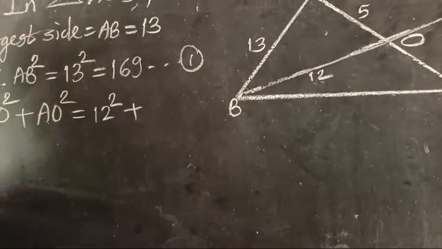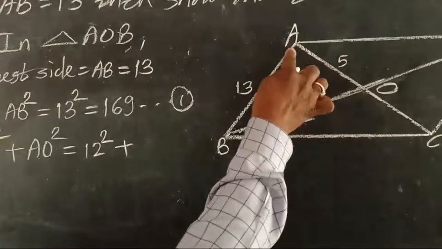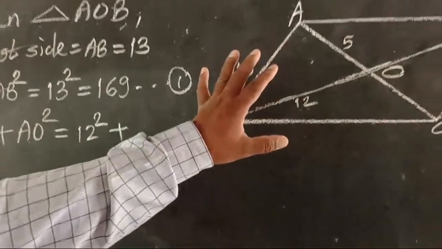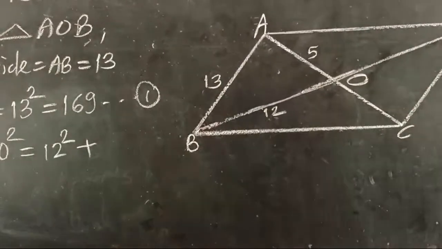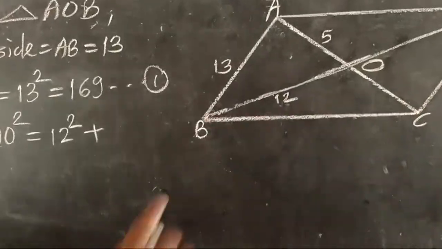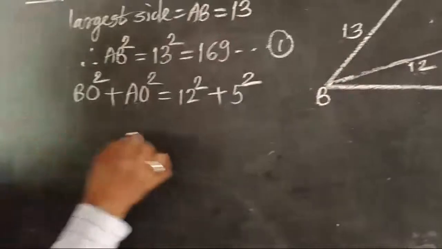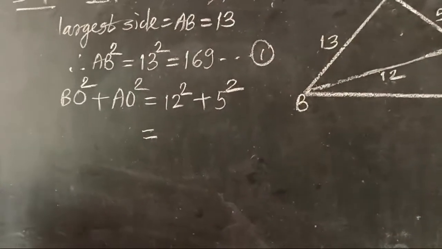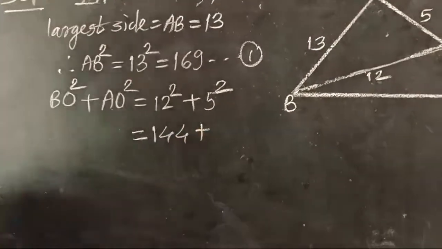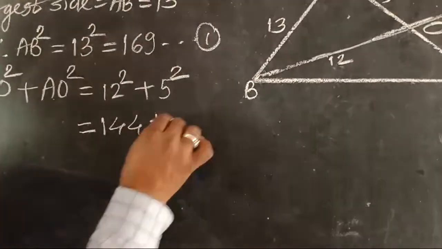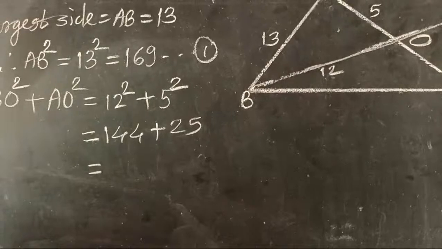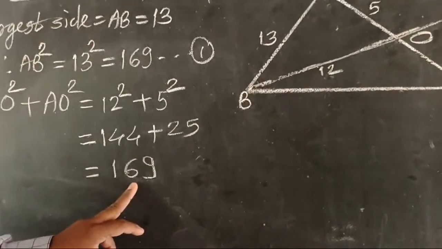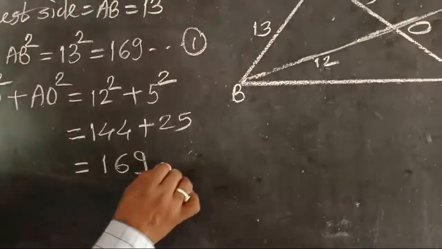Plus AO square, AO is 5, plus 5 square is equal to 12 square is 144 plus 5 square is 25, equal to 169. How many students get addition 169? Yes, good. That is equation 2.